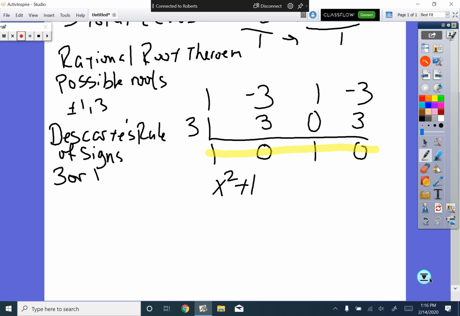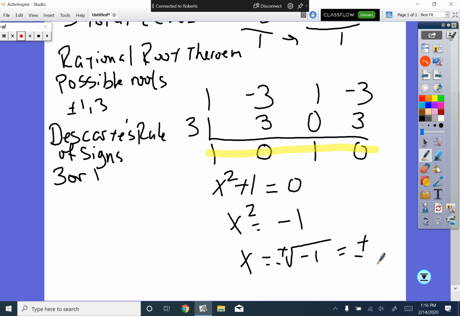If we quickly set this equal to 0 and we solve, which is plus or minus what? What's the square root of negative 1 again? I. There's my other 2 zeros. I should have a total of 3 zeros, and they are 3 coming from here, I, and negative I.